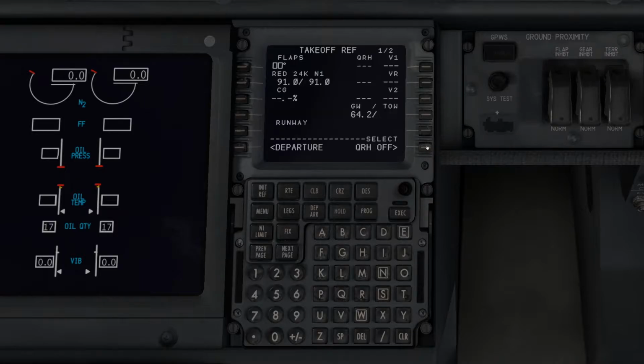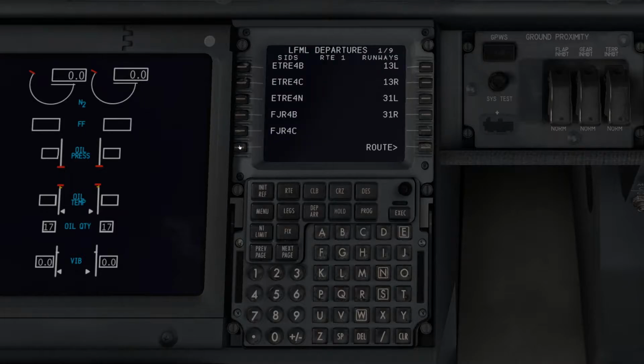Takeoff page, flaps 5 usually, center of gravity 27%, trim 4.75. Departure, we'll use 31 left as departure, no SID, too simple.